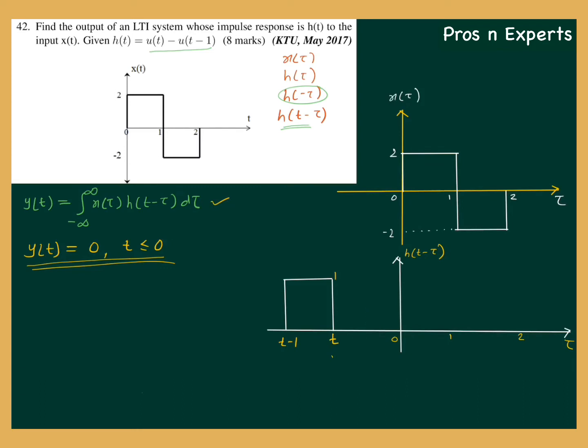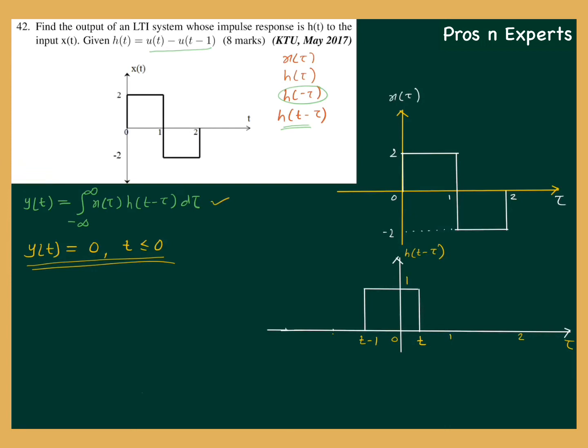I can draw this. So this is such a condition: the leading edge is overlapping with our x of tau, but the trailing edge is out of x of tau. Trailing edge is t minus 1, and the amplitude is still unchanged, 1.